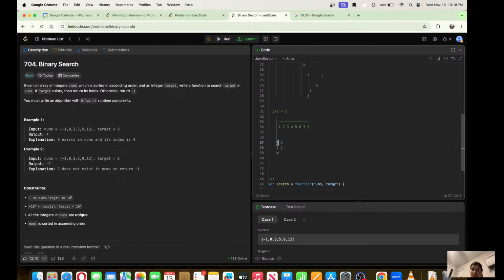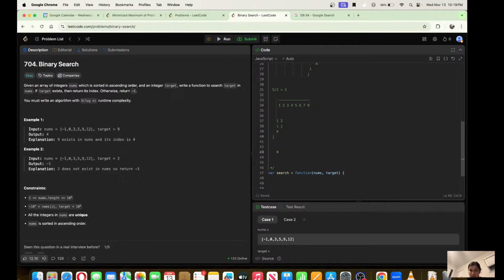Suppose the number is 0, okay, then it means it should be on the left side of 1, right? So my i will be here, my j will be m minus 1, and since it is on the left side, only j will end.